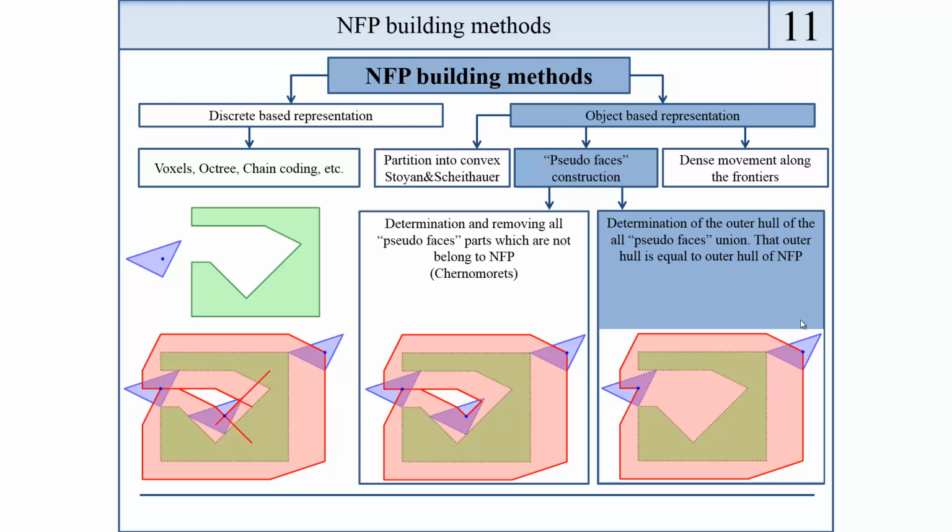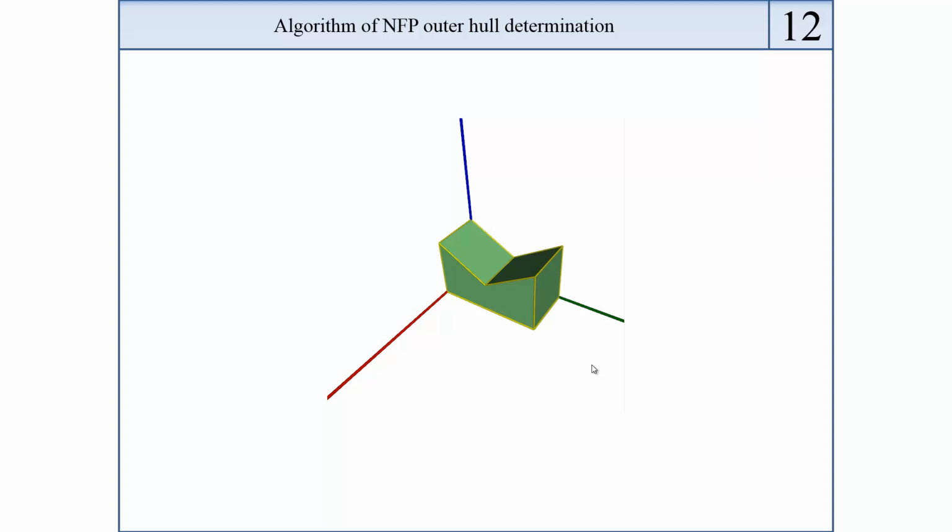Inner parts of the NFP describe the disposition of one polyhedron inside another. However, the manufactured details, according to that model, may not be separated from each other. On the other hand, reducing the number of NFP fragments will significantly reduce the calculation time. NFP building is the most complicated part of my work.